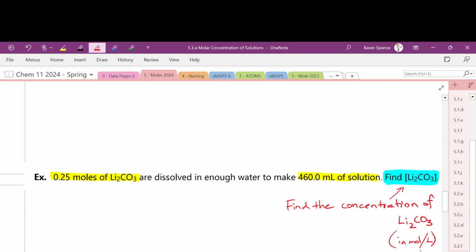If we have the square brackets, it always means in moles per liter, not in grams per liter. So we would say, okay, I would like to find the concentration of Li2CO3. Is this a unit conversion or is this a formula?